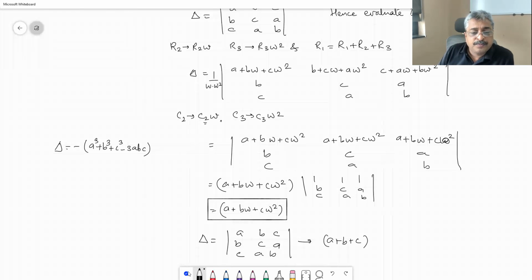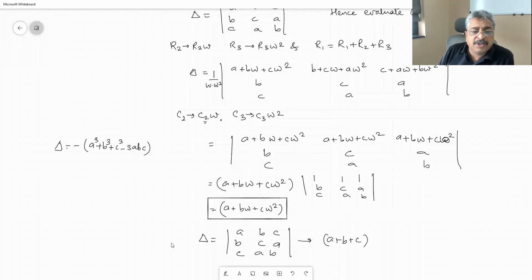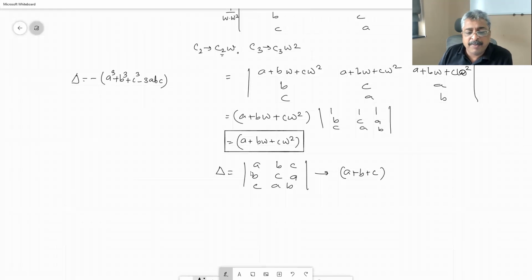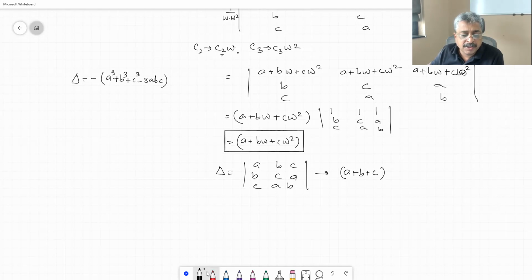Now we can take again the first one and flip multiplication. That means multiply row 2 by omega square and row 3 by omega, which will give you A, B, C, and add them.